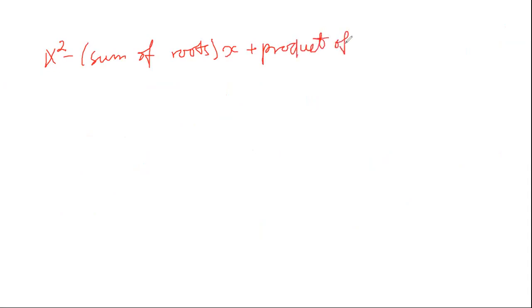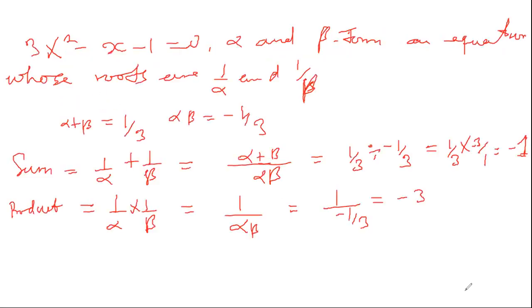So now we are going to substitute in the general formula, which is x squared minus sum of roots times x, then plus product of roots, equal to 0. So we shall have x squared minus sum. What did the sum give us?